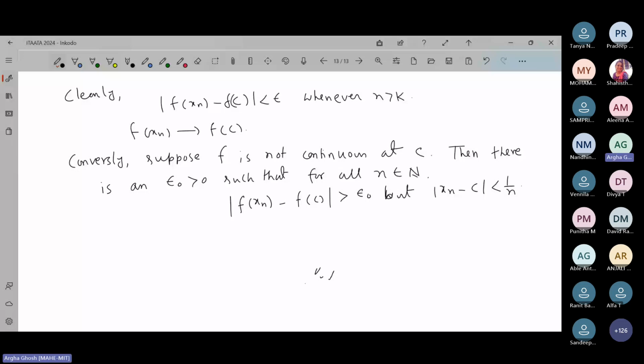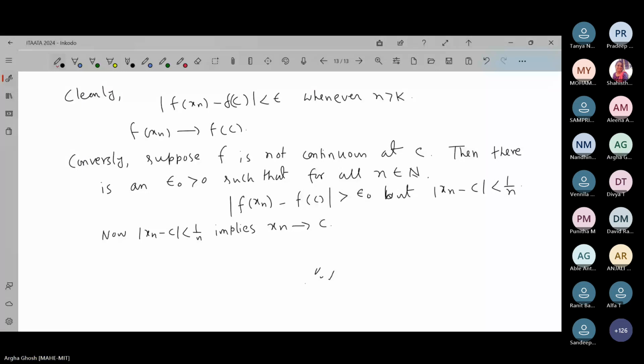Okay. Now, obviously, |xn minus c| less than 1 by n implies xn converges to c. It's very easy to check that this converges to c.